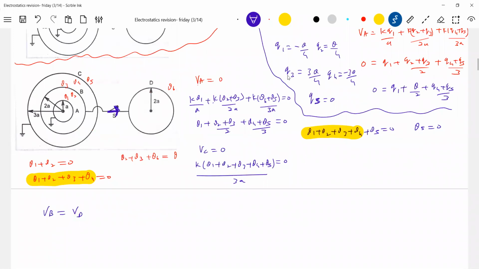So the potential of shell B: K Q1 by 2A, K Q2 plus Q3 by 2A, K Q4 plus Q5 by 3A. Potential of shell D, how much should it be? K Q6 by 2A.